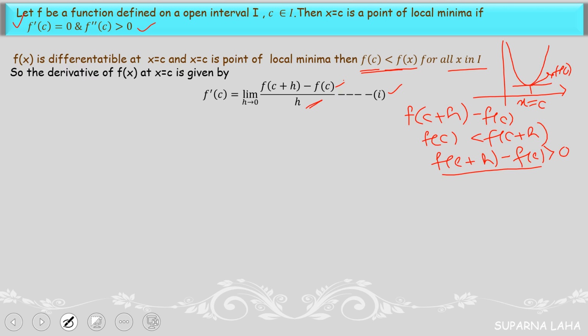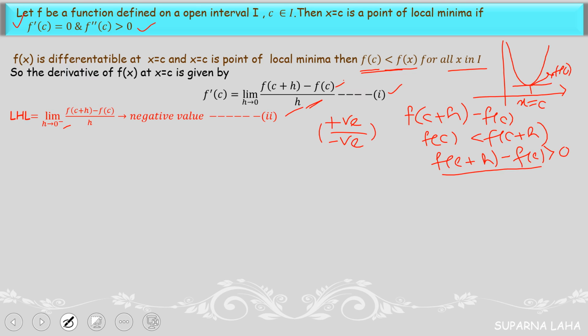So if this limit exists, check its left hand limit. For the left hand limit, the numerator is positive, and since I am taking h tends to 0 minus, a small quantity before 0, it is negative. So positive upon negative will give us a negative value.